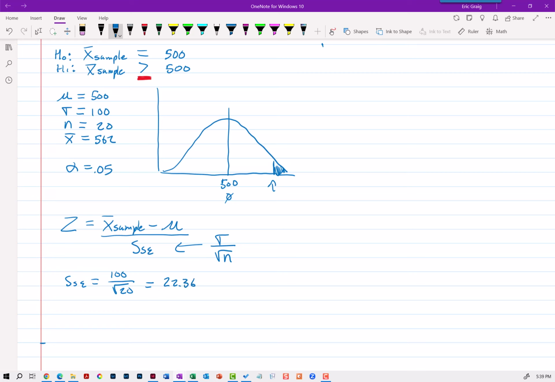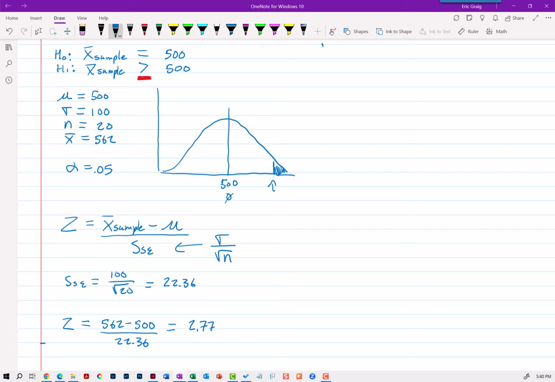So we have the denominator of our z equation, and let's finish up by computing the numerator. That's 562 minus 500 divided by 22.36. If you do that calculation, you're going to get a z-score of 2.77.